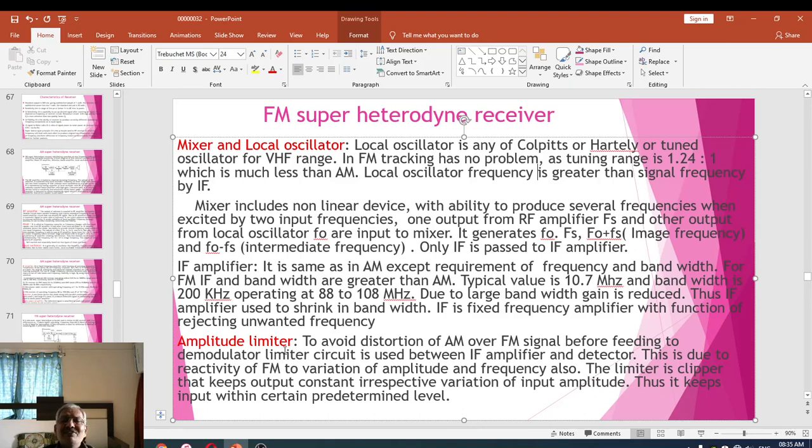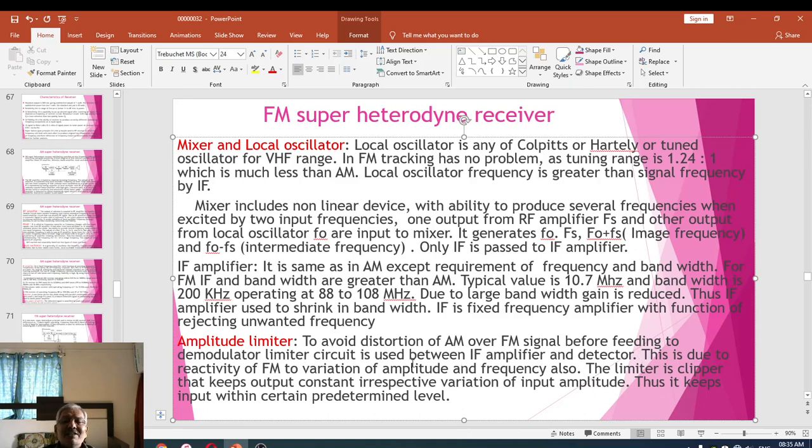Friends, the next stage is the amplitude limiter. This is the additional circuitry that is used in the FM superheterodyne receiver, which is not present in AM. To avoid the distortion of AM over the FM signal, before feeding to the demodulator, the limiter circuit is used between the IF amplifier and the detector.